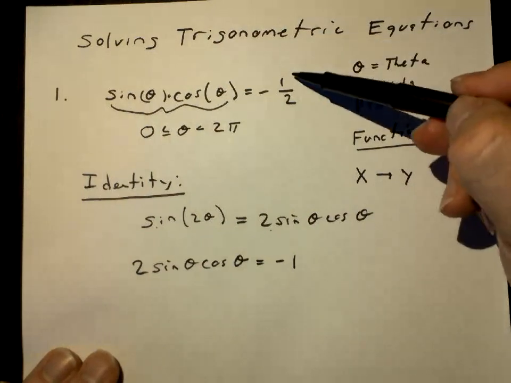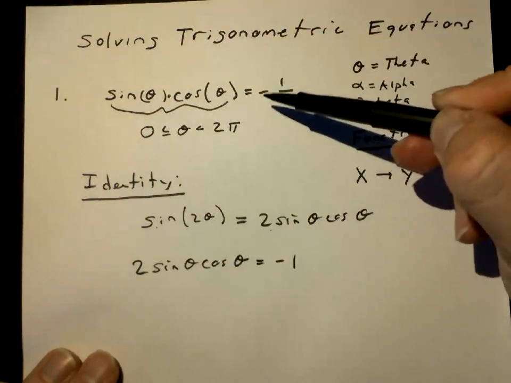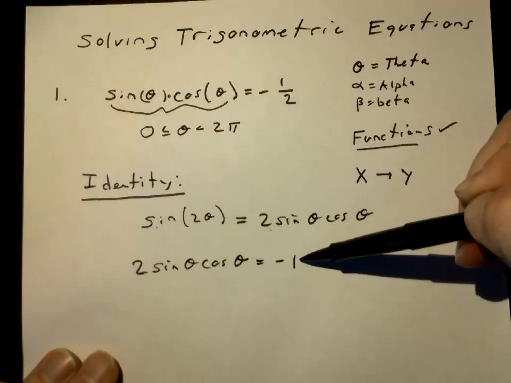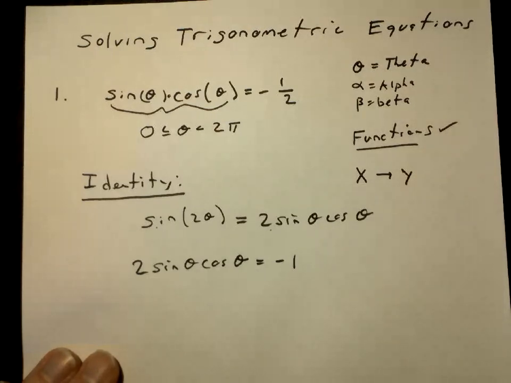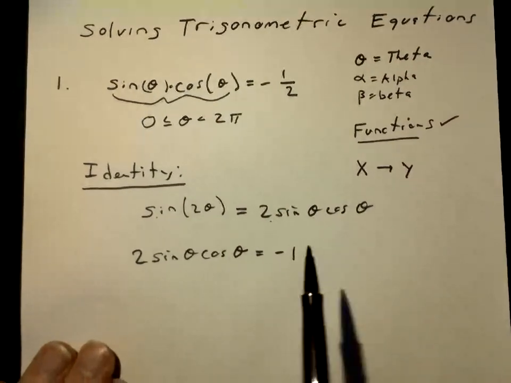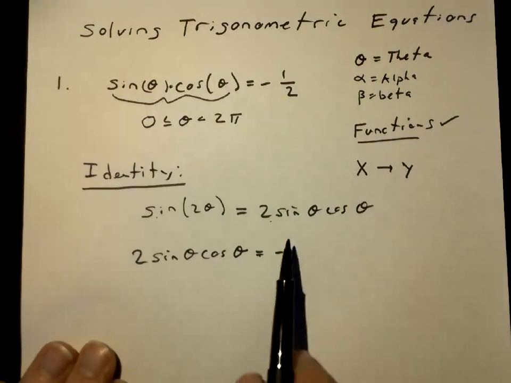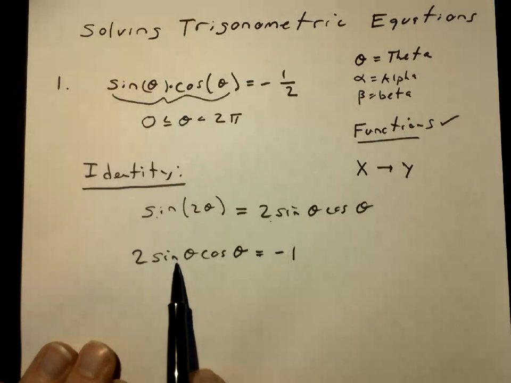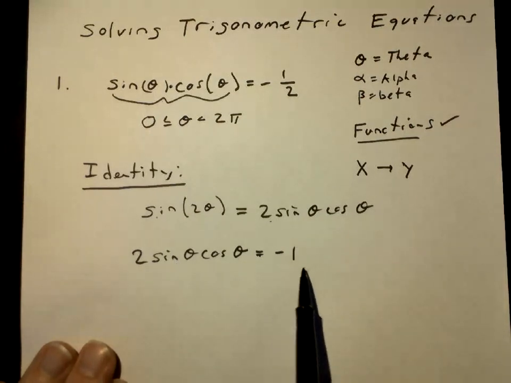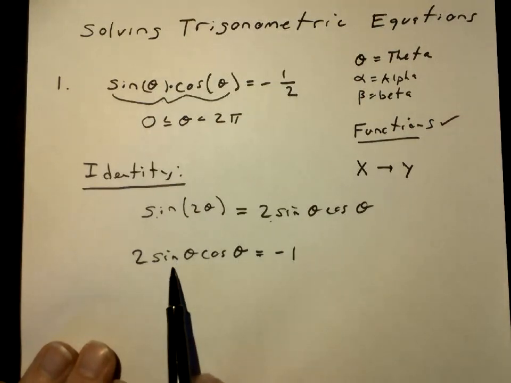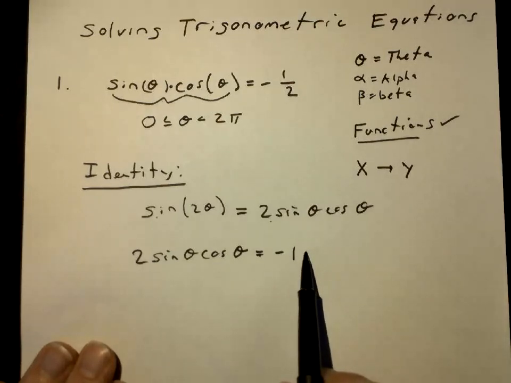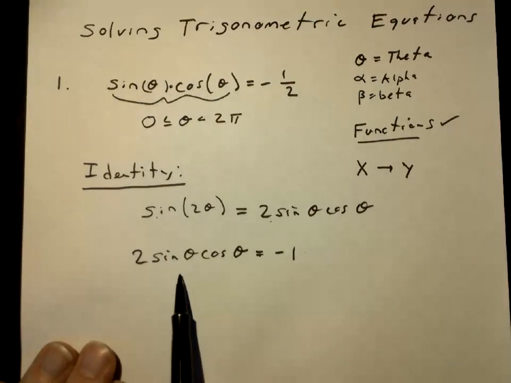And you're probably thinking, how did you get from negative 1/2 to negative 1? Well, think of it this way. Remember, this is an equal sign. If I do something to this side, I have to do it to this side. If I do something to the right side, I have to do it to the left. So if I multiply by something here, I have to multiply by something over here.